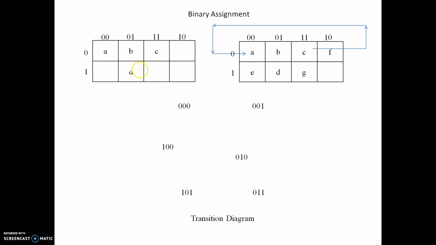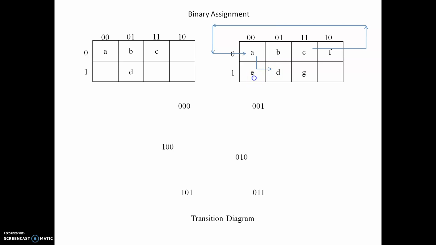Now the transient between A and D has a 2 bit change, so we need to assign an intermediate unstable state variable.